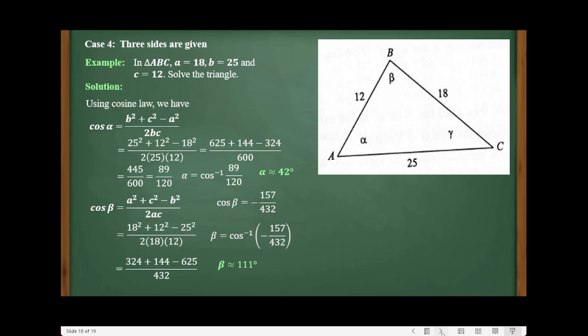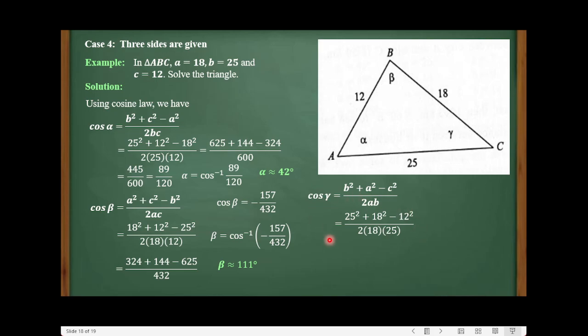Then for gamma, we could use the formula, or you may now use the angle sum theorem, which states that all interior angles in a triangle have a sum of 180 degrees. So substitute the values of a, b, and c.